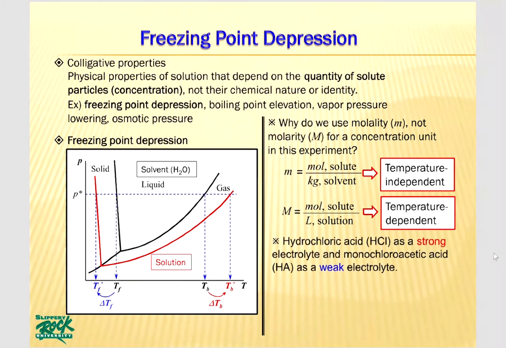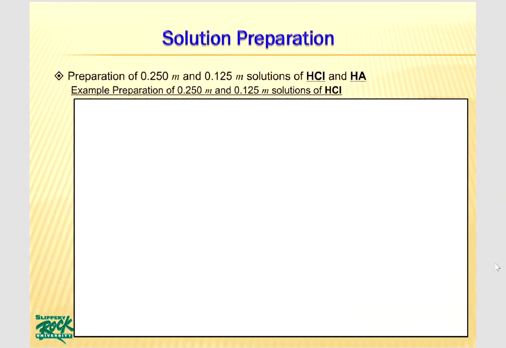Hydrochloric acid and monochloroacetic acid will be used as a strong and a weak electrolytes. The formula of monochloroacetic acid will be represented by HA. In this experiment, you should make 0.250 molal and 0.125 molal solutions of hydrochloric acid and monochloroacetic acid.